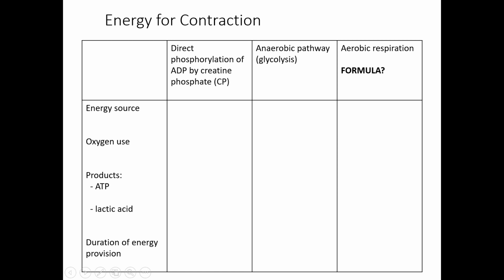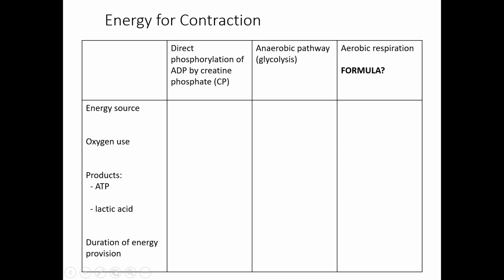I recommend you fill in this table, so then you will have exactly the table with all the information you need to know about muscle contraction. Let's do it together for one of them. For example, glycolysis. What will be the energy source? Glucose. Will oxygen be used? No. What products will be produced? ATP. How much? 2 molecules.